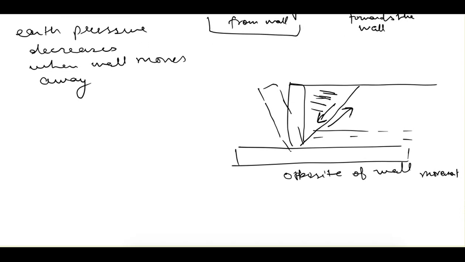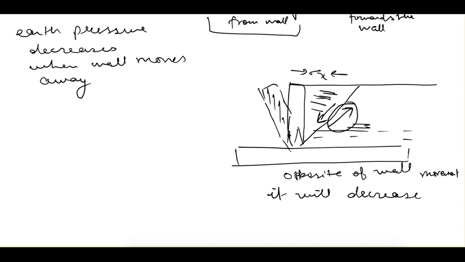So here the shear resistance is mobilized. As soon as the wall moves outwards, the shear resistance is mobilized, and that shear resistance is in the opposite direction of wall movement. So the pressure in the horizontal direction, which is there something like this, will decrease, because the shear resistance is in the opposite direction of wall movement.